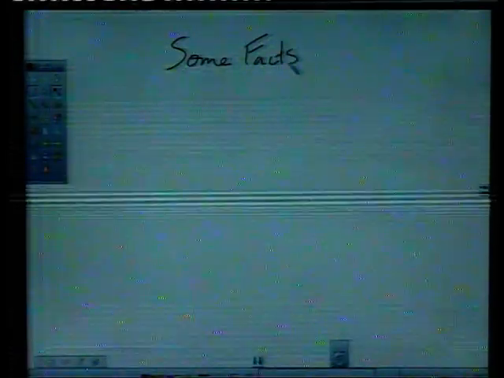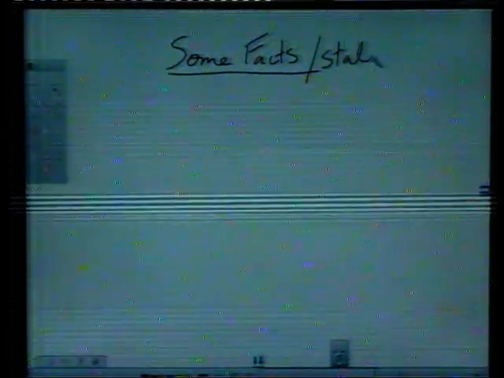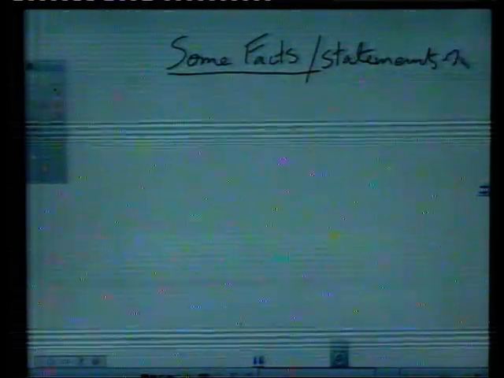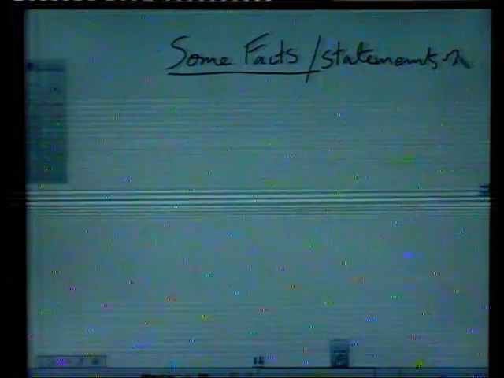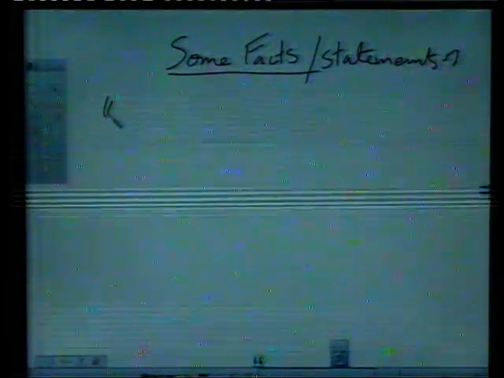Second point is some facts or statements for isometrics. First of all, it is revision, we will be revising everything.